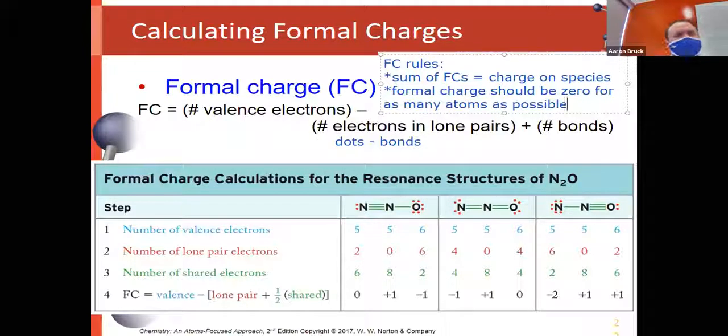Formal charges should be minimized as much as possible. So we should be seeing zeros in as many places as possible.